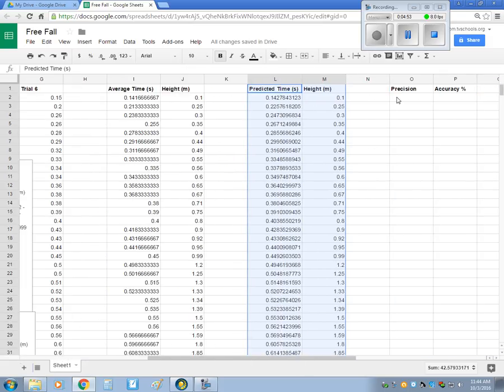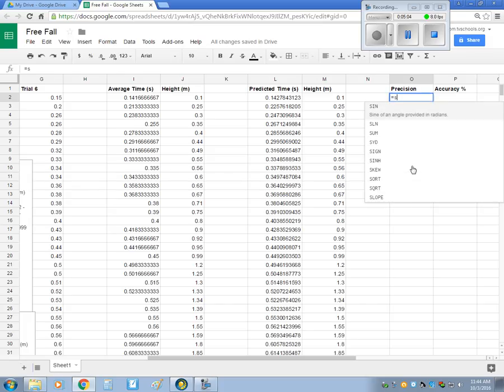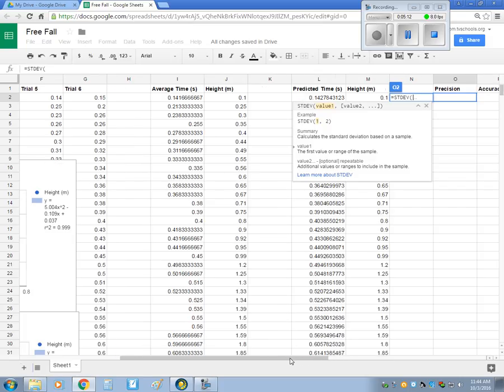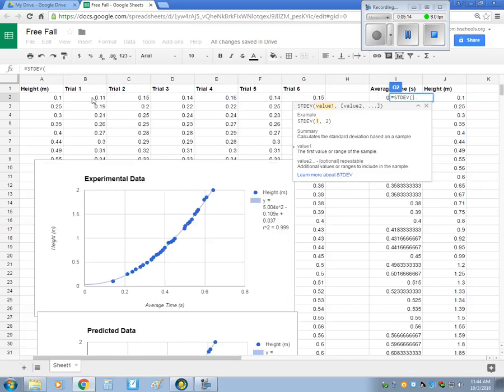Now the next thing I would want to do is find the precision. How precise is my data? To do this, we use something called standard deviation. So I'm going to hit the equal sign, and then even if I just type in ST, I see that I get my standard deviation. So I'm going to click on that. Now I need to find the standard deviation of some numbers. So I'm going to find the standard deviation of these 6 trials.